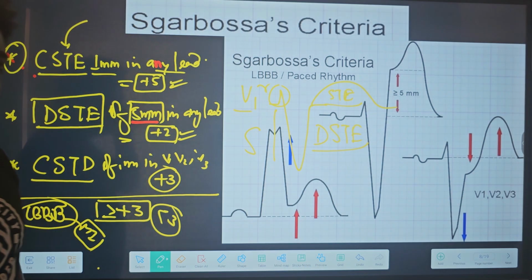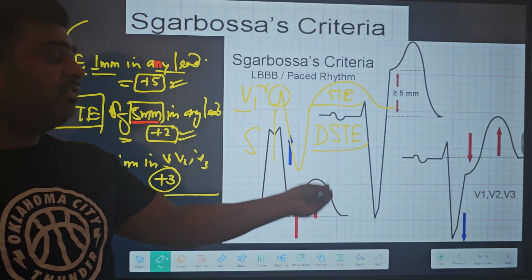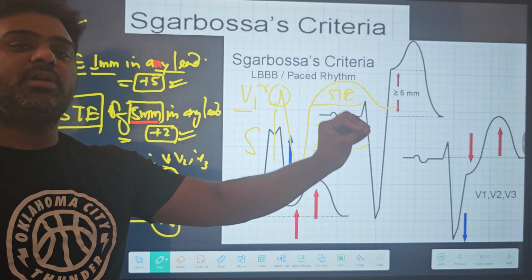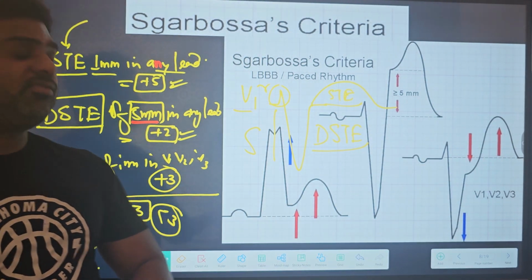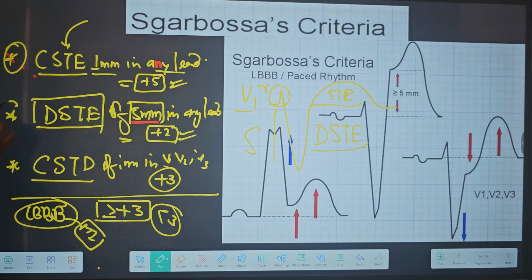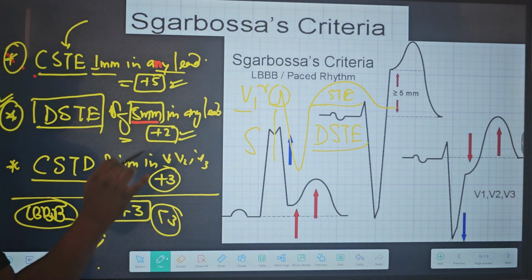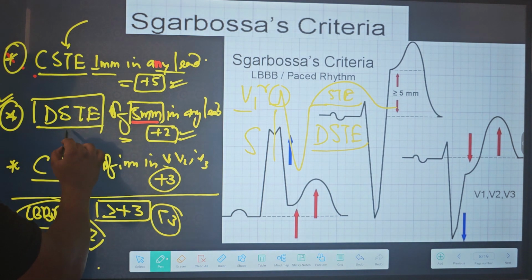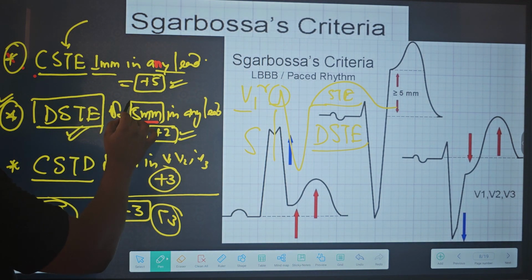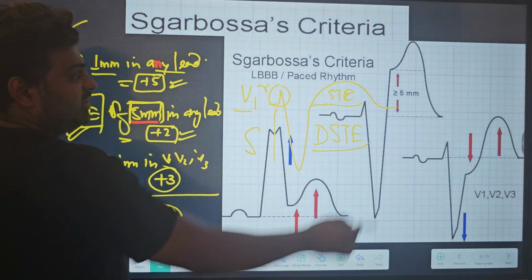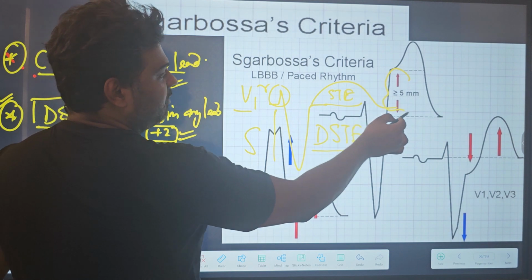So in a left bundle branch block, invariably discordant ST segment elevation is present. Therefore, this criteria is not given high weightage because it is normally present in the left bundle branch block, and it is taken significant only if this ST segment elevation is of 5 millimeter. That's why see here it is written 5 millimeter.